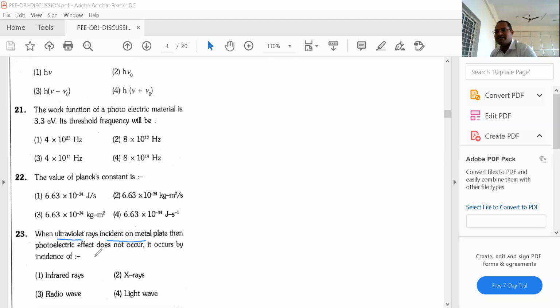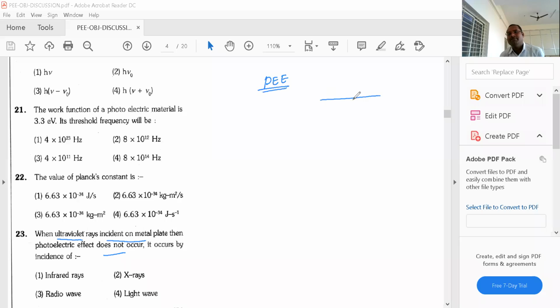We know that for photoelectric emission to occur, the incident light frequency should be at least the minimum frequency, or the wavelength should be maximum.